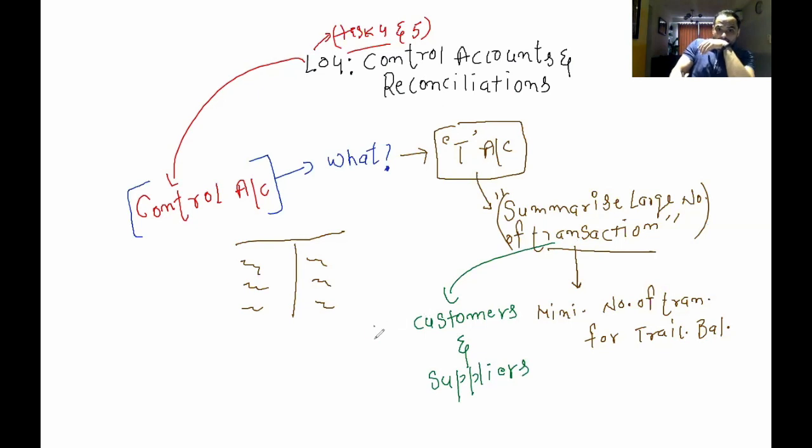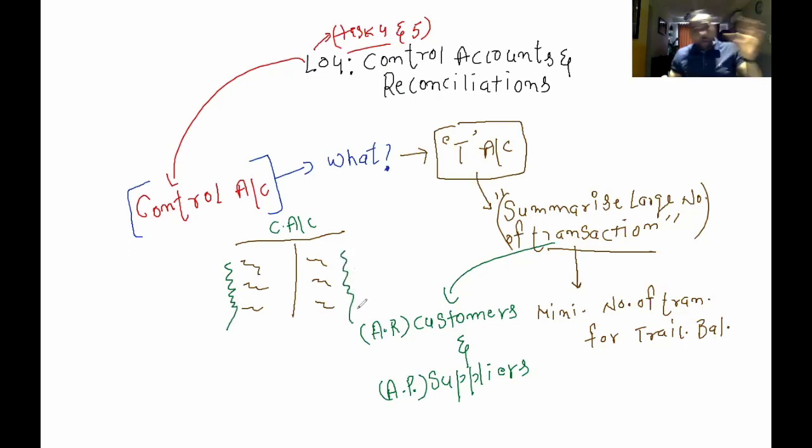Customers means receivables, and suppliers means payables. So mainly the control account records various kinds of receivables and payables, all kinds of receivables and payables in one account, all right?